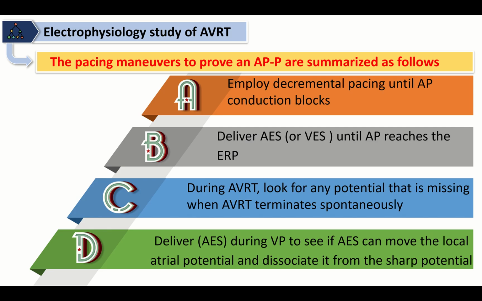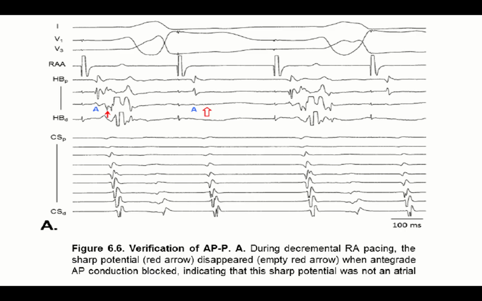Finally, deliver an atrial extra stimulus while you are delivering ventricular pacing, to see if the atrial extra stimulus can move the local atrial potential and dissociate it from the sharp potential, to know whether it is really an accessory pathway potential or not.